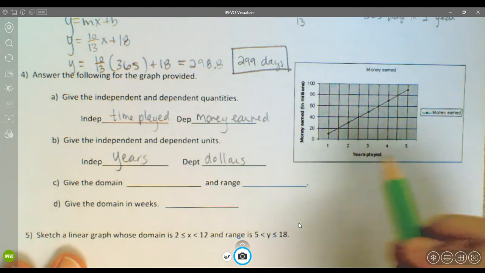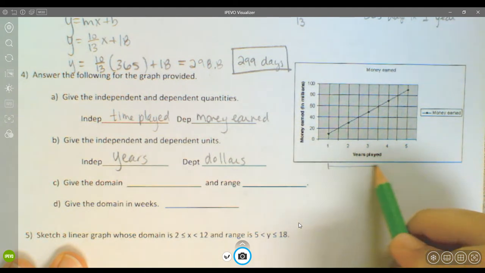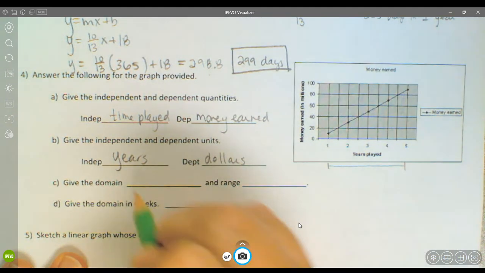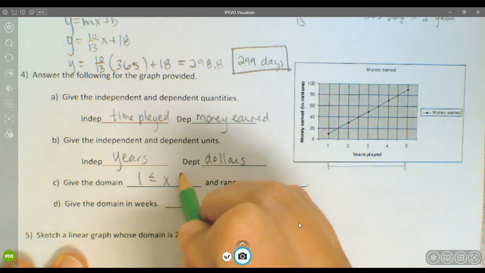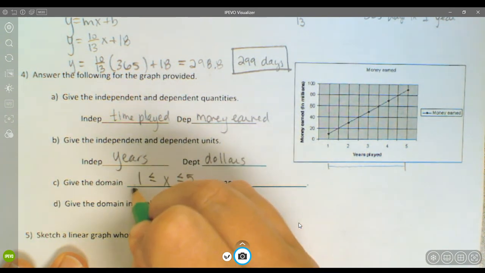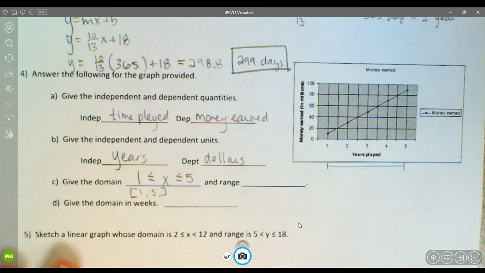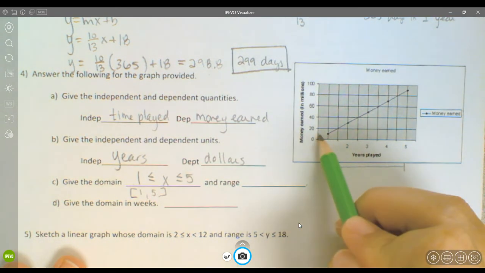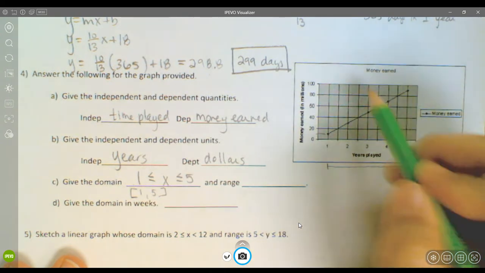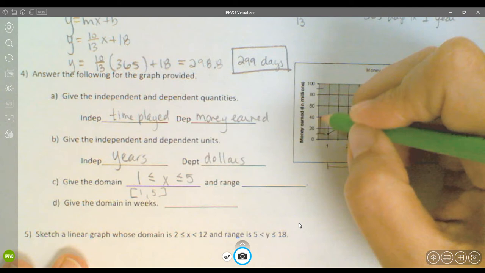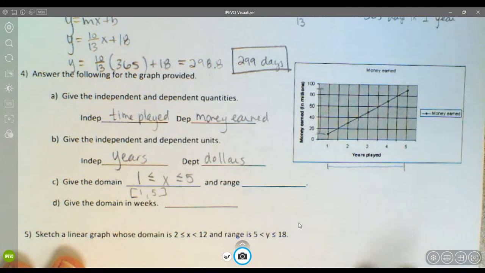What is my domain? My domain goes from left to right. So 1 is less than or equal to x is less than or equal to 5. I go from 1 to 5 inclusive. My range, okay, my range goes from, there's my low point, there's my high point. So it looks like 10 to 90.